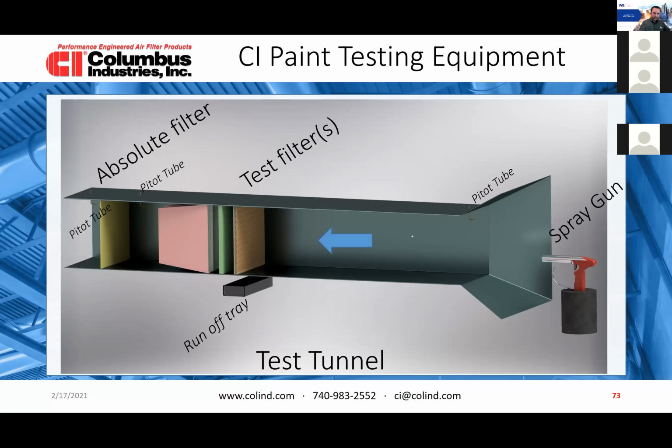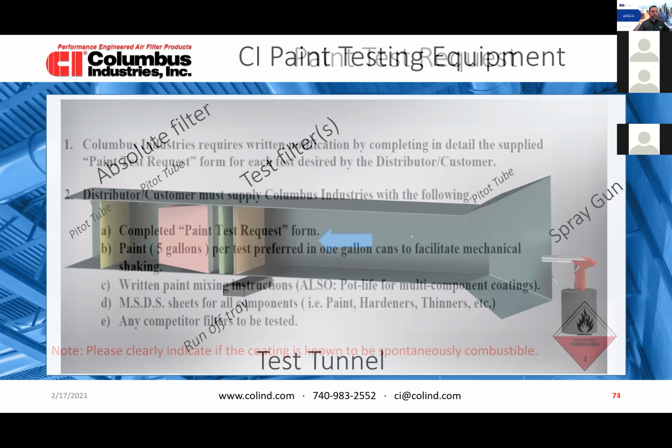This is a tunnel that we use. We use, again, arrestance by weight, just like the ASHRAE, but we use paint particles instead of dust. This quantity here is called an increment. We do it by increment, and then we evaluate the initial, the final, and then the average for all of the values.